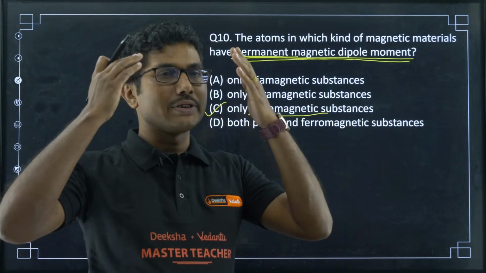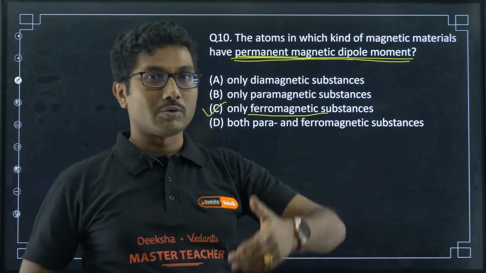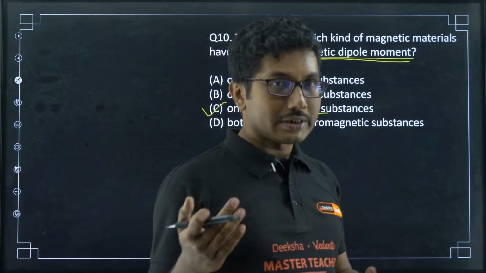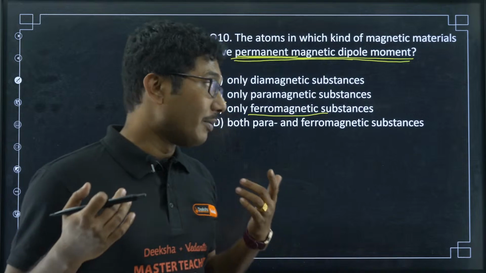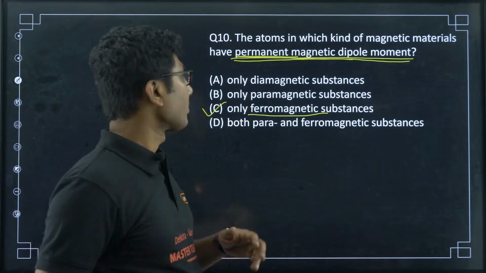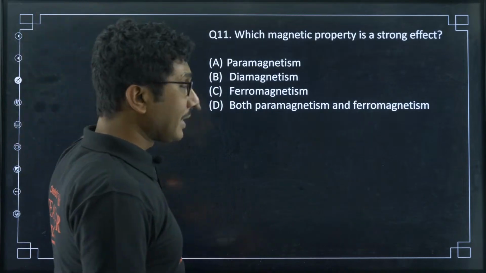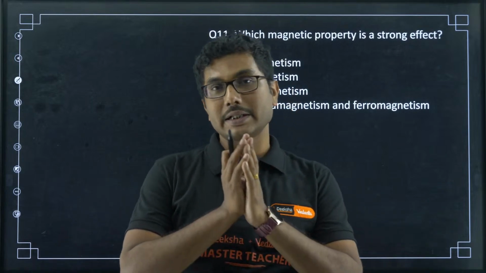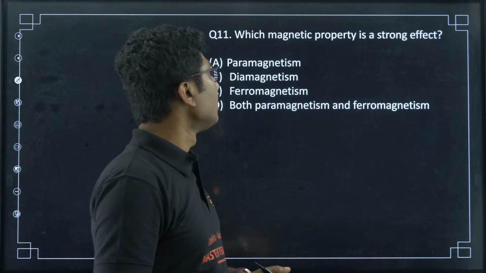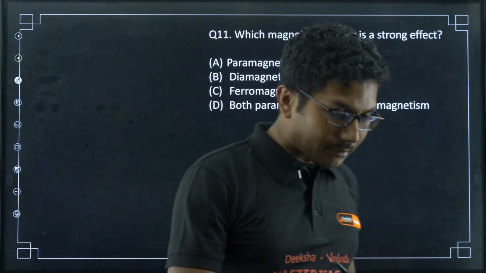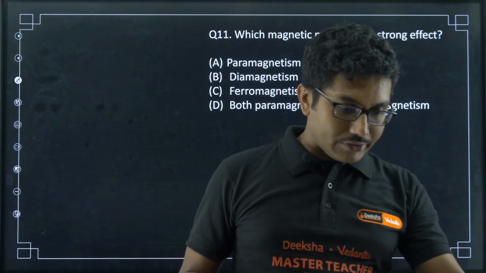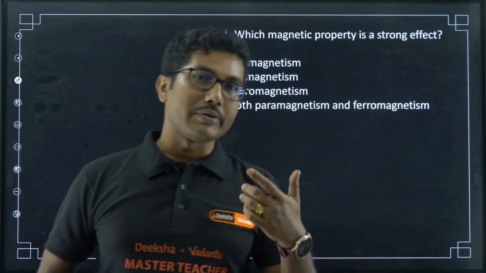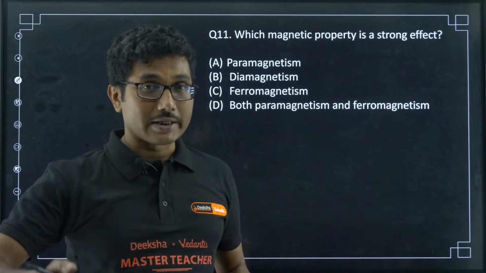Electric dipole is different, here it is magnetic dipole moment. Be careful. Permanent dipole moment means it is only a ferromagnetic substance. If this is written in NCERT, then unfortunately it is wrong. Okay, you can mention the page number if you can find, Pradeep. I will check it definitely, and if possible I will ask the NCERT as well.